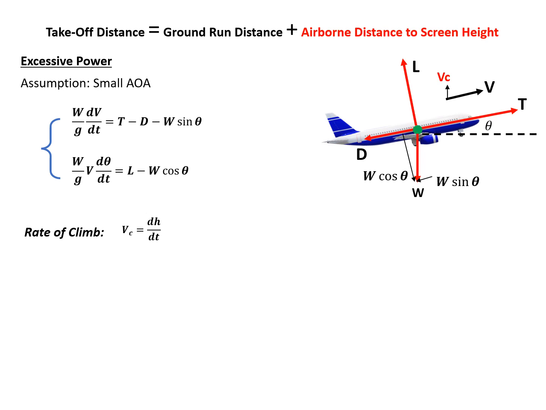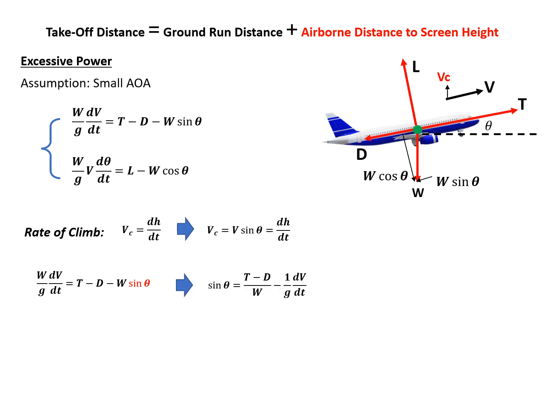We can see the relation in the top right corner. Vc is a component of the airspeed V. So we have Vc equals V times sine theta, where theta is the flight path angle, and Vc equals dh over dt. Now we rewrite the first equation in the group above, Newton's second law along the flight path, and you can see the sine theta is highlighted.